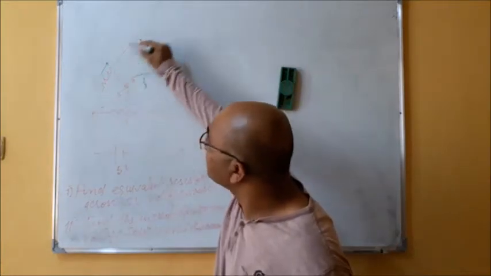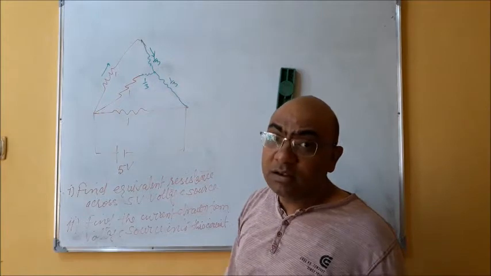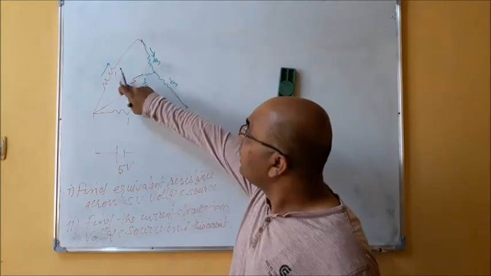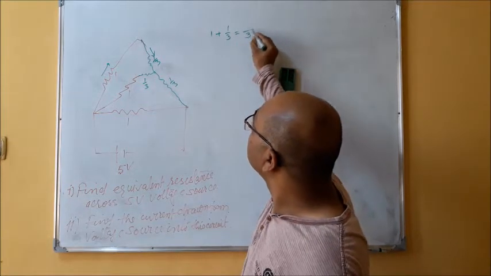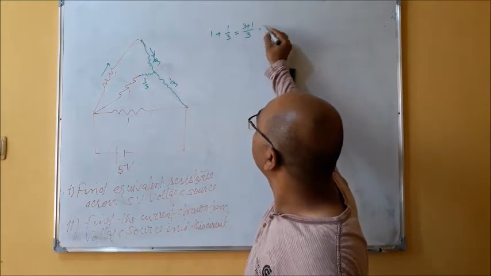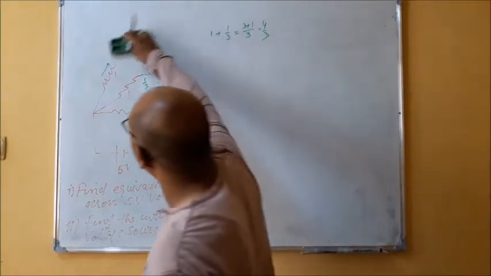What is the current here? The same will go in 1 by 3. This means 1 and 1 by 3 are in series. So in place of 1 and 1 by 3, I can put simply 4 by 3 because they are in series.